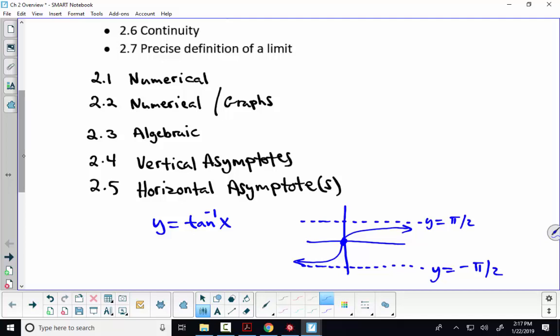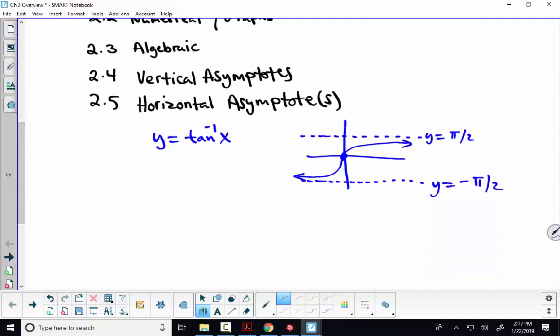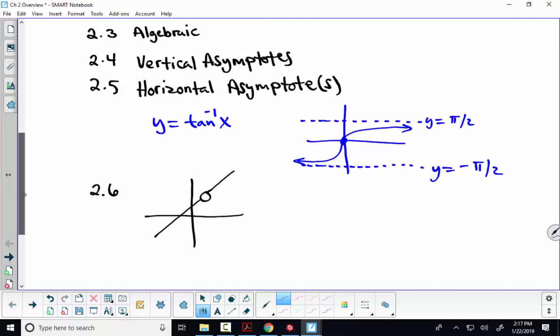2.6 is continuity. Really, I don't have a lot to say about that right now, but continuity, you've seen different types of discontinuities before. So we've seen holes in graphs.